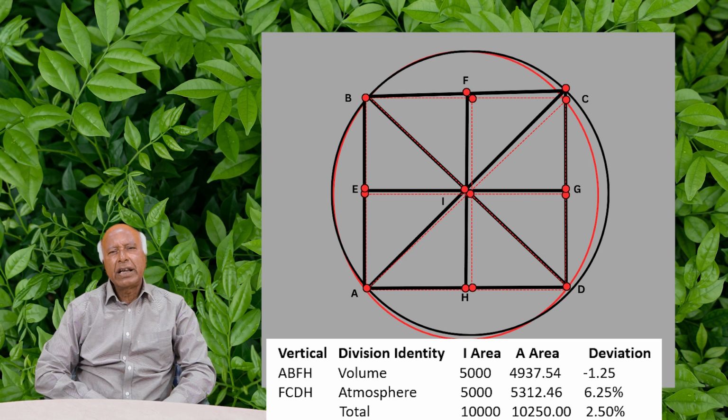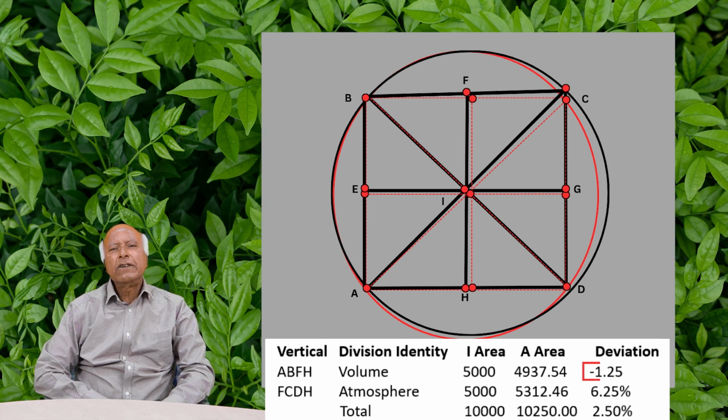That is the value assigned to the changed area of vertical division of the economy, and this changed value of 4900 odd is the area of demand volume. So comparatively, this is minus 1.25.